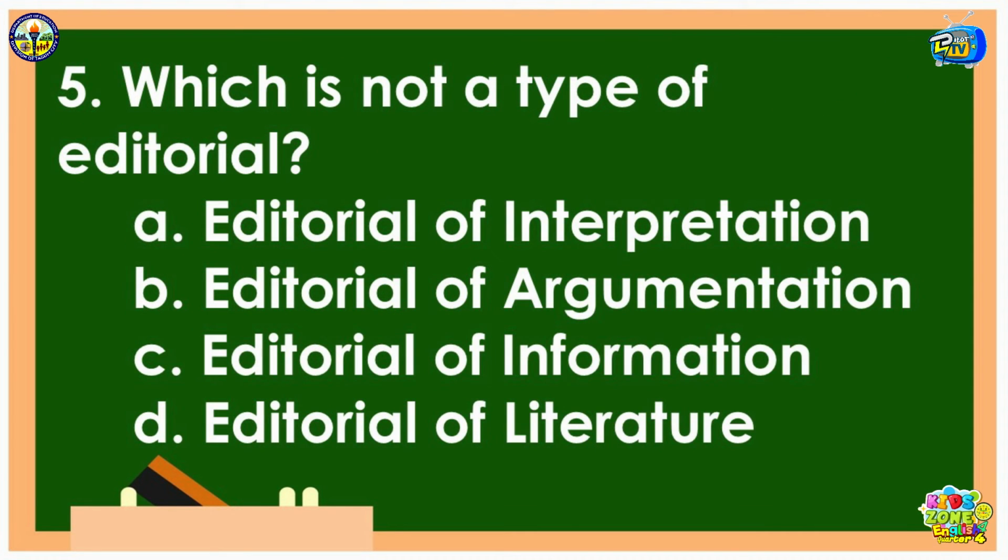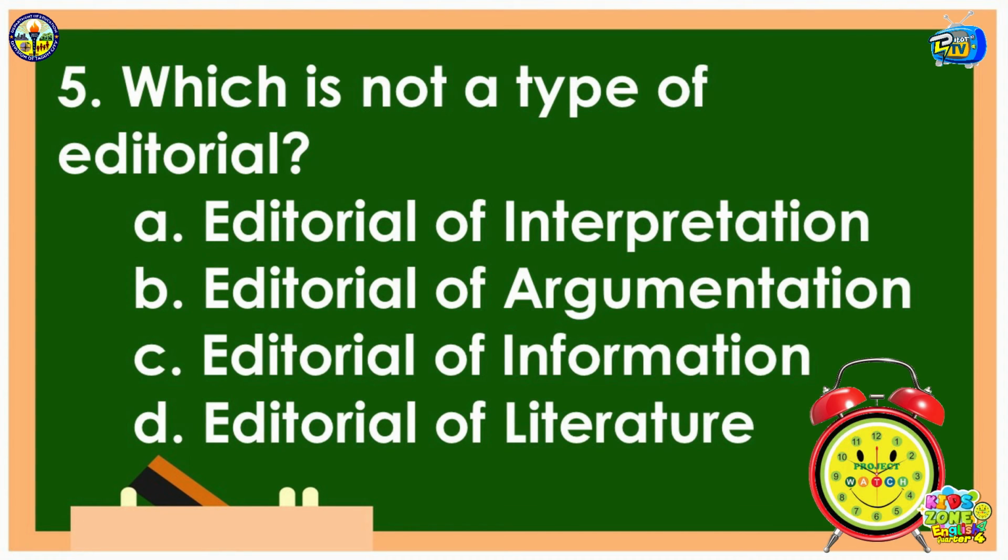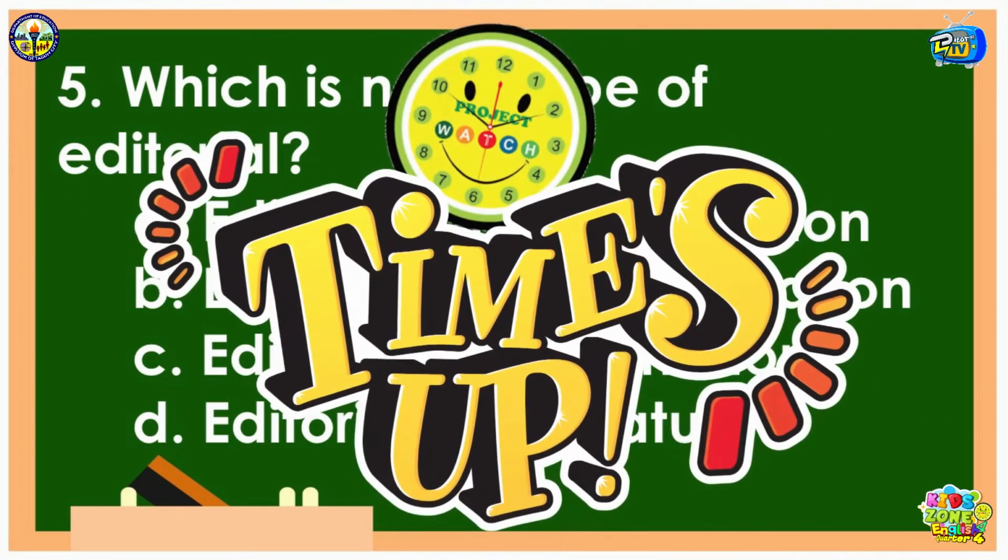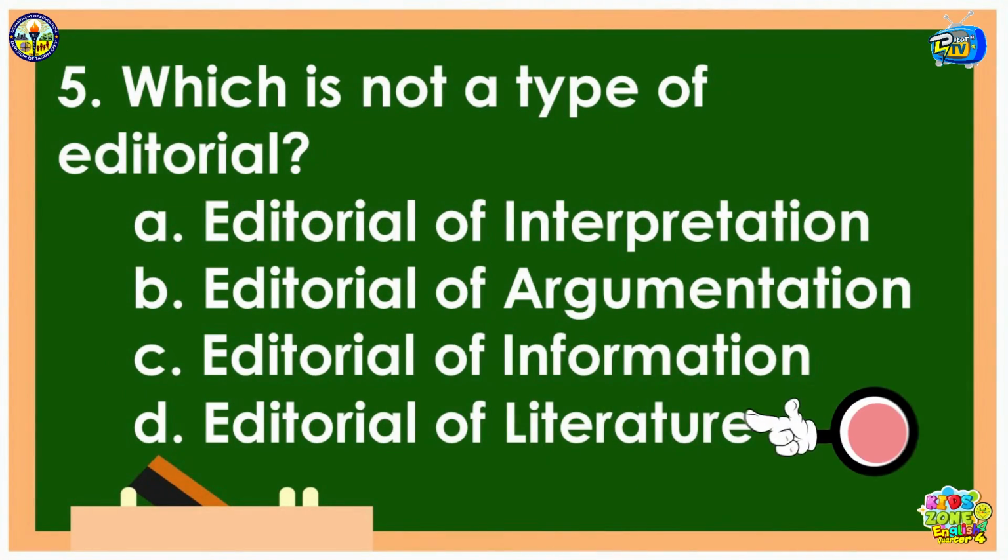Number 5. Which is not a type of editorial? A. Editorial of interpretation. B. Editorial of argumentation. C. Editorial of information. D. Editorial of literature. Time's up! What is your answer? Awesome! The correct answer is D. Editorial of literature.